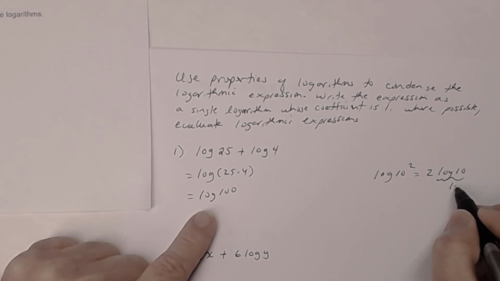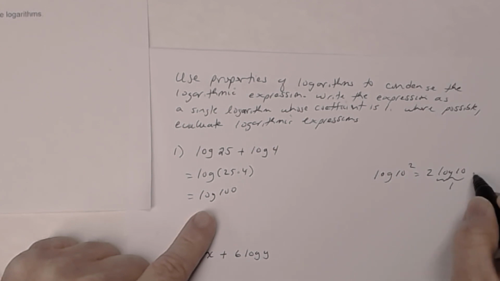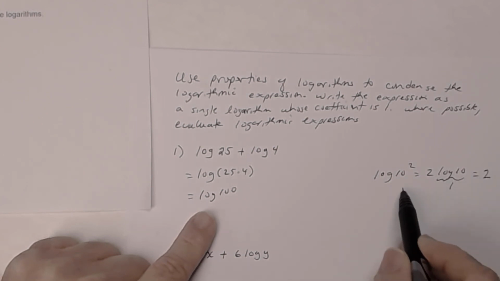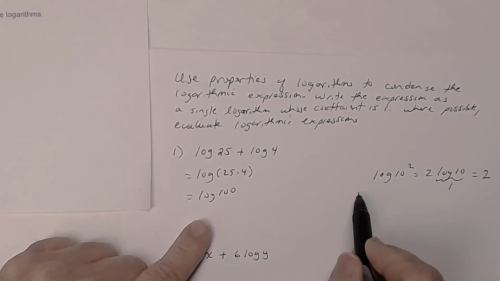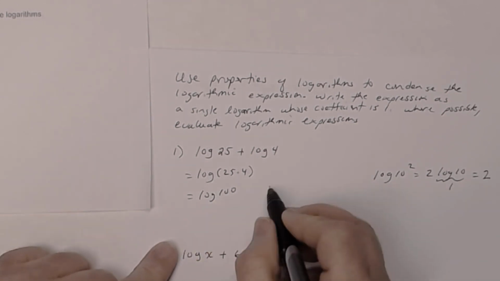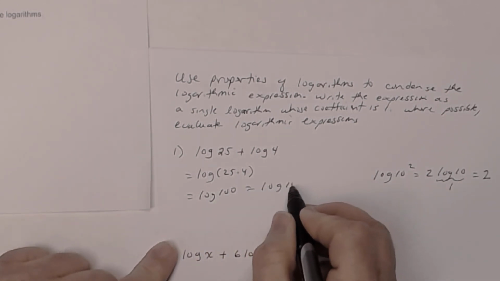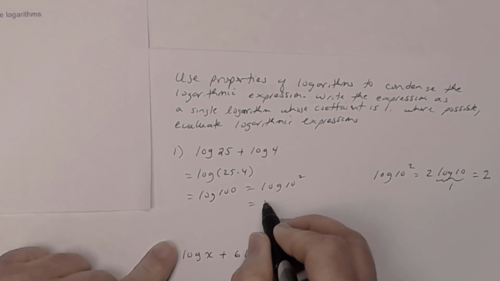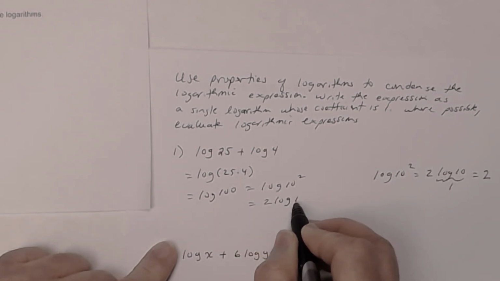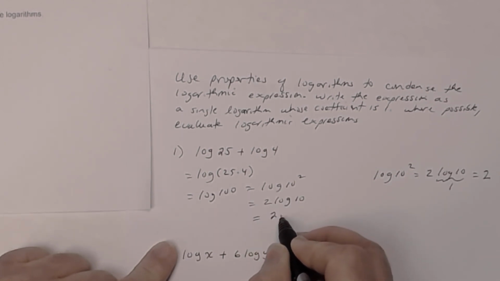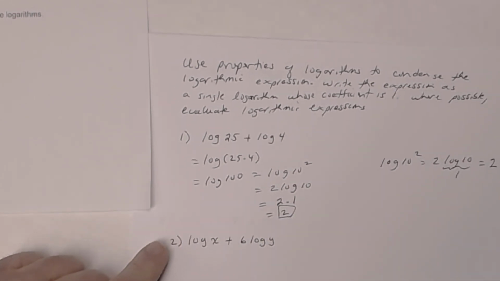Well, that's 1. So then this becomes 2 times 1, which is 2. So that means then that the log of 10 squared, which is 2 times the log of 10, is 2 times 1, which is 2. So the answer is 2.